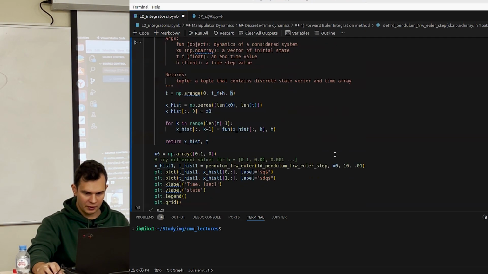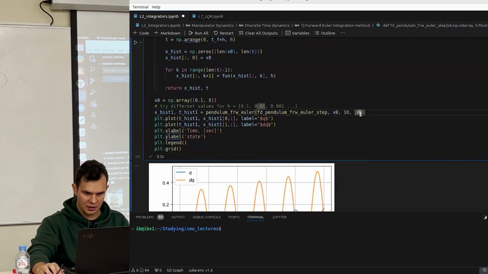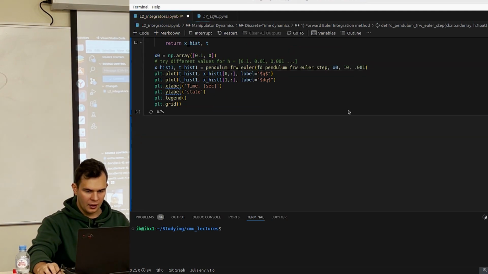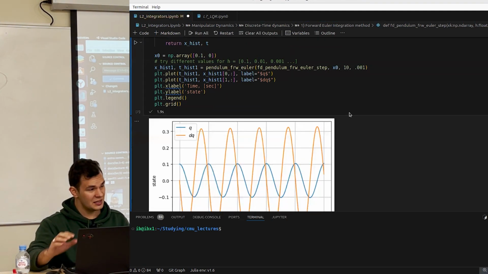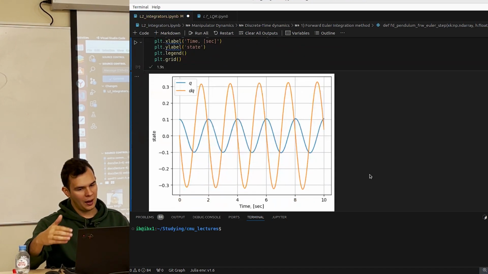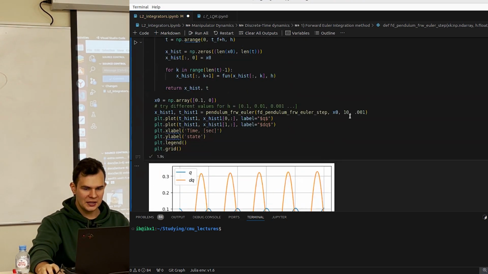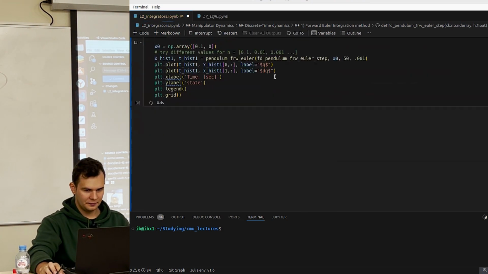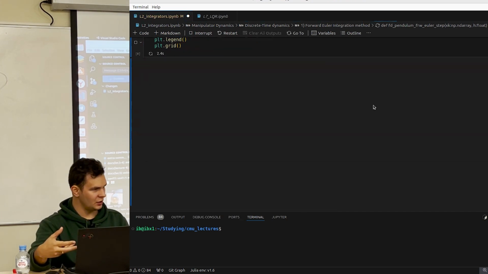For example, H. So H is the time step here. For example, here 0.1 is the discretization. I can make it smaller, and you see that it's much slower to compute. It doesn't blow up significantly right now, but still, if I increase the time, for example to 50 seconds, you see how slow it is, and it's not precise.